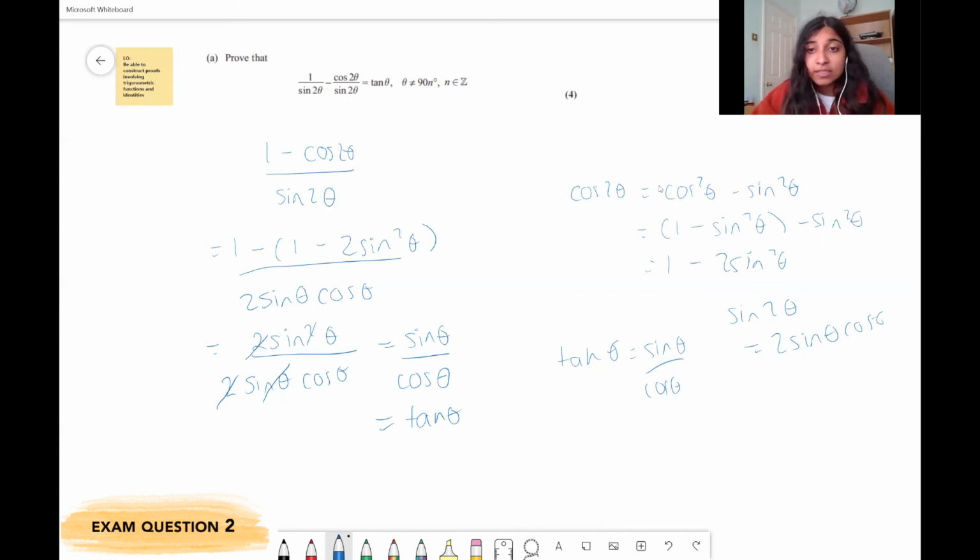So using this formula would probably be the most useful, and then using that you can just simplify to tan theta. But remember, let's say you didn't get this and you used the other one, and if that didn't work, then just keep trying until you get your final answer there. So that was the answer to this question.